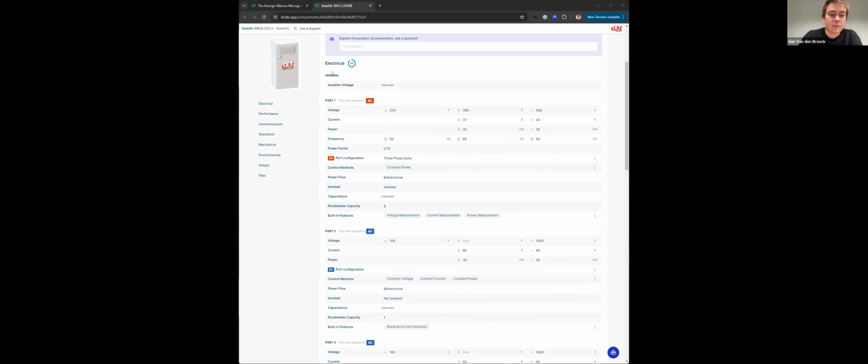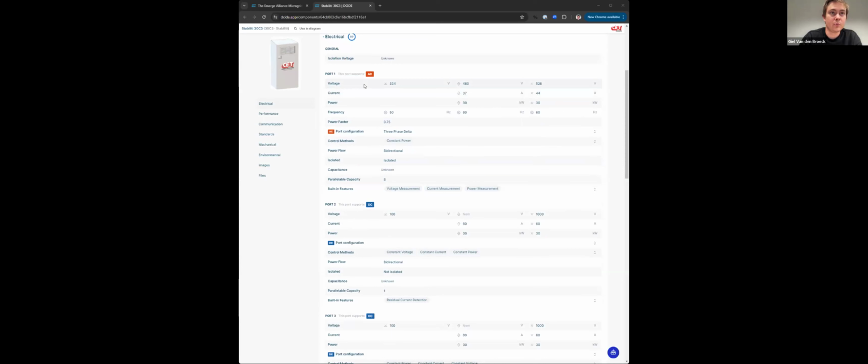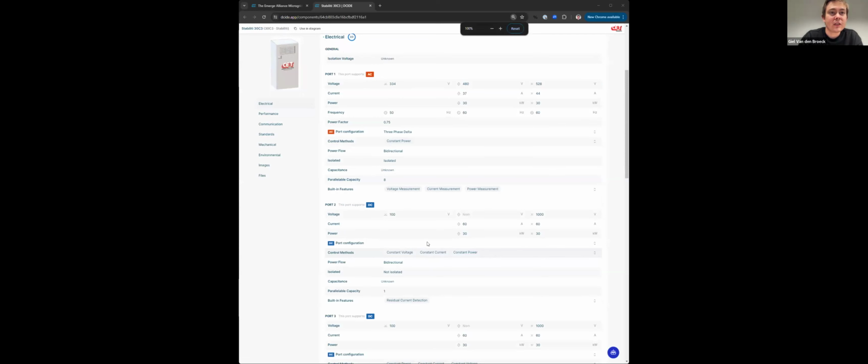And we subdivide this into sections. So we're talking about electrical characteristics, for instance, which are the most important in our design process. So we have voltage, current, power, frequency, which are the usual suspects that you typically find in data sheets. Some things that are sometimes already harder to find: does this unit support bidirectional power flow?